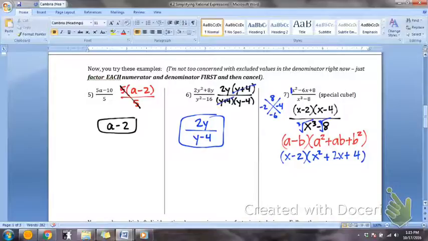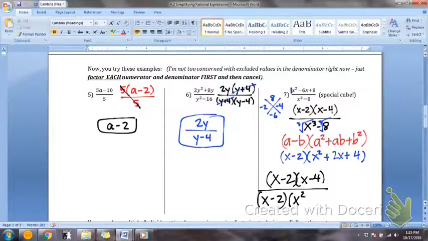So let's remember what we have in our numerator. We have x minus 2 and x minus 4. And then in my denominator, I have x minus 2, x squared plus 2x plus 4.